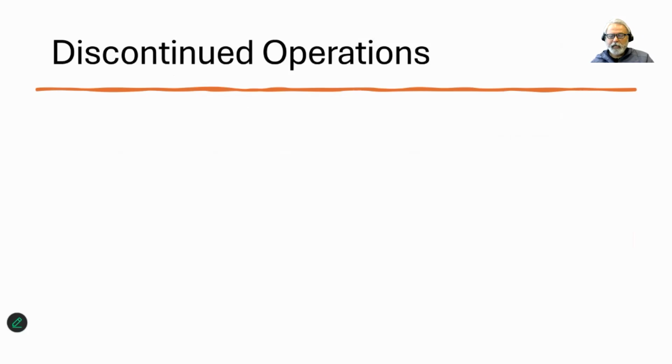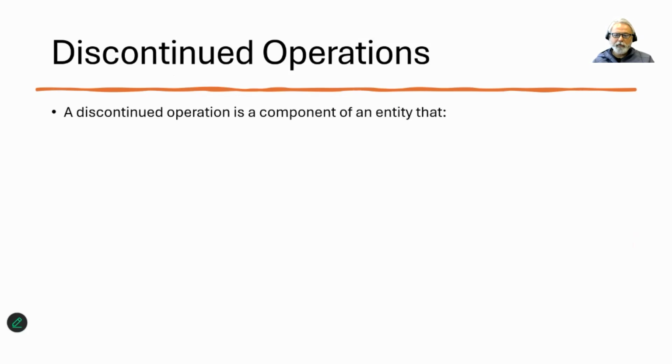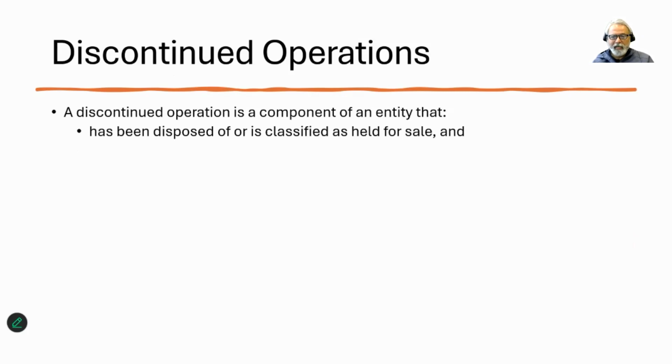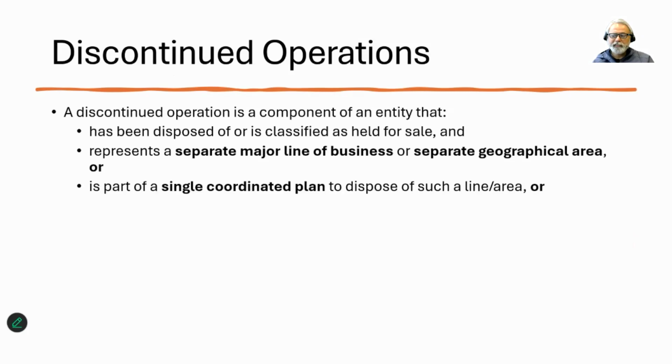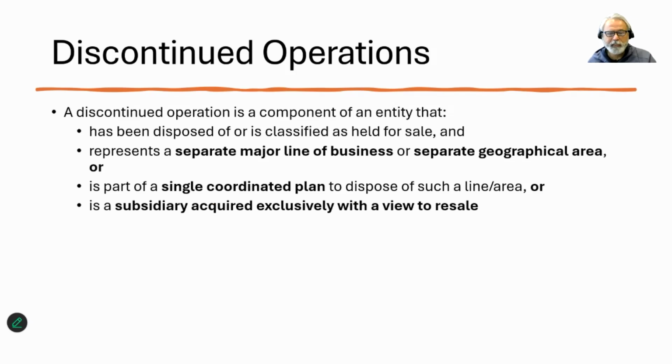Moving on to the last part here, discontinued operations. A discontinued operation is a component of an entity that has been disposed of, so sold off, or has been classified as held for sale and represents a separate major line of business or separate geographical area, or is part of a single coordinated plan to dispose of such line or area, or is a subsidiary acquired exclusively with a view to resale.